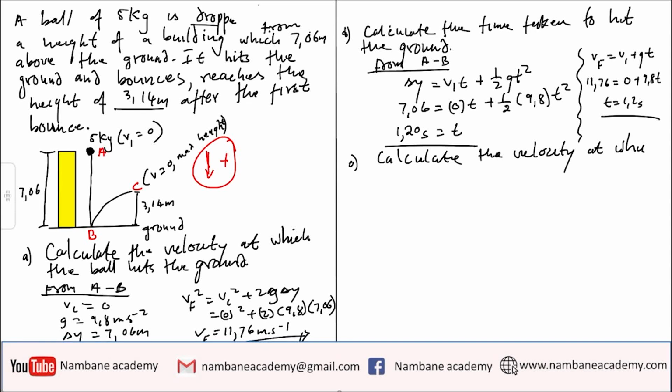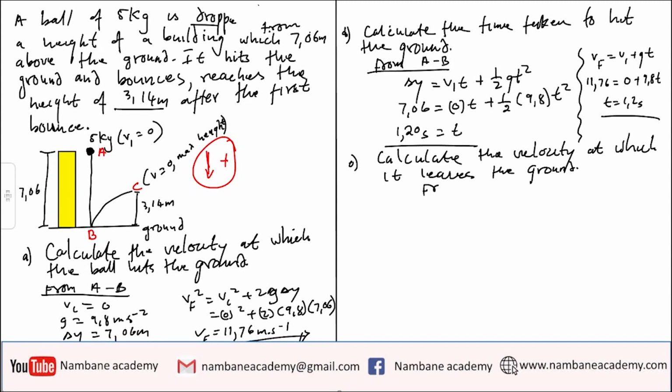Calculate. Yes, Your Excellency. B to C, sir. B to C. Now, can you see how important that is? It is important because at least now we can find the velocity at which it leaves the ground.